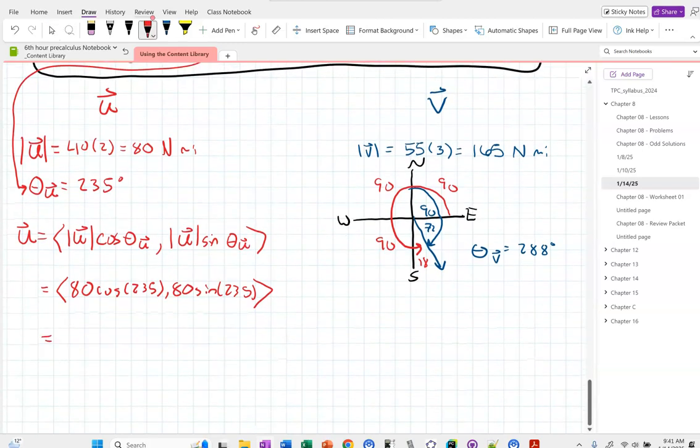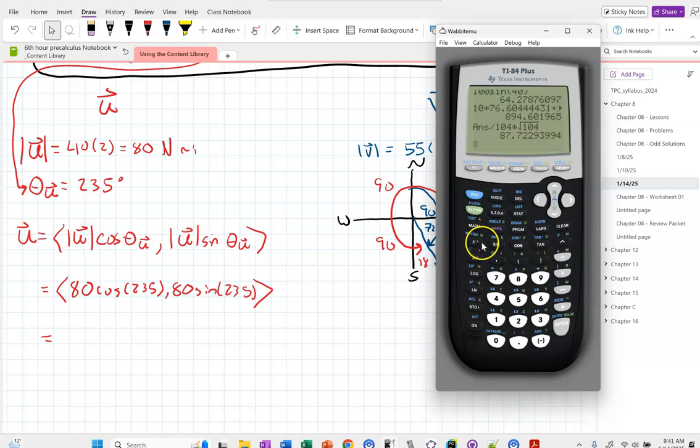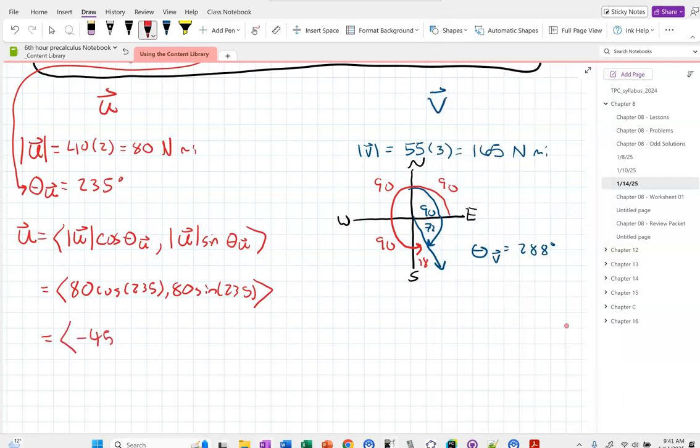I'll just go to my calculator. So I have negative 45.9, comma, negative 65.5. Everybody feel okay there?